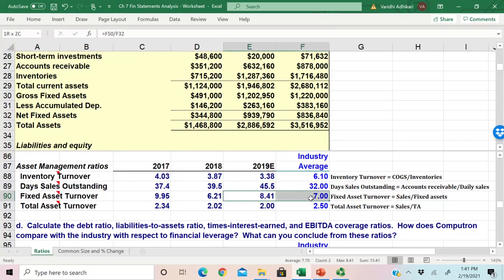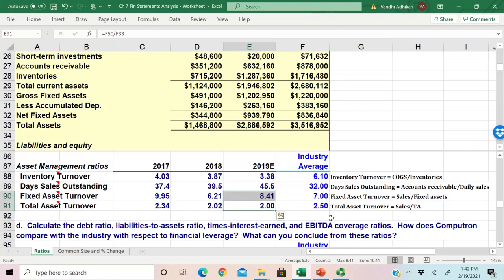So they are doing better than the industry, producing more sales given $1 of fixed assets. However, in terms of total assets, they are doing worse. The industry is producing 2.5 times sales compared to total assets, whereas this company is projected to do only twice. The difference comes from, as we saw before, inventory.